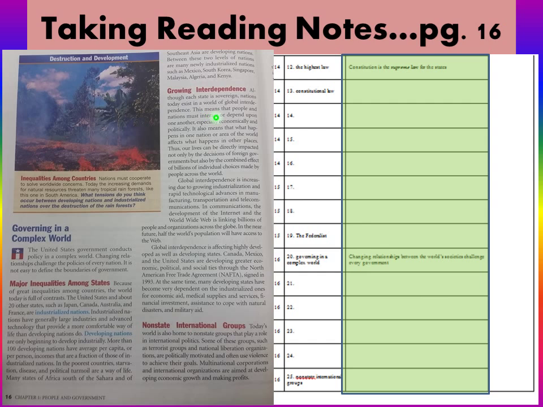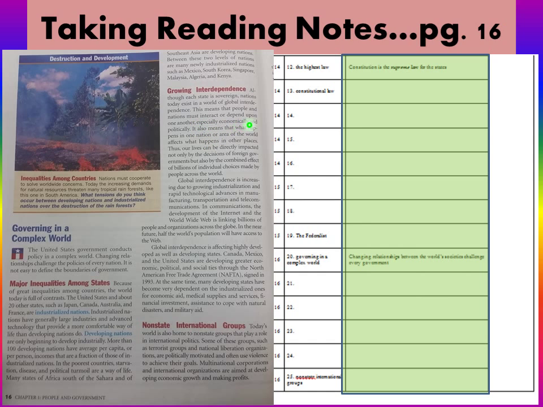Here's your answer: this means people and nations must interact or depend upon one another, especially economically and politically. Put this sentence in your own words down here with number 24. I'm going to finish reading. That means we already got our main idea, so all these are probably just examples that expand upon what interdependence is.